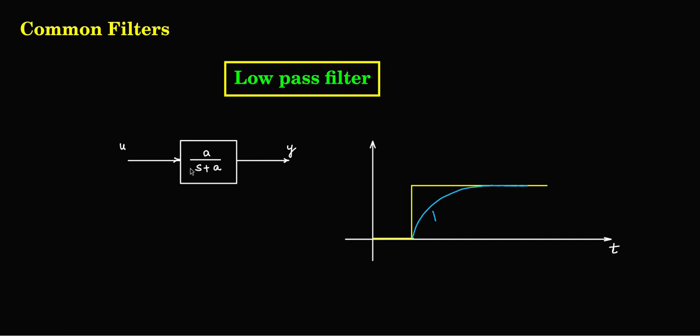If I have 1 by S plus A, it will go and reach the steady state value of 1 by A, right? And this rise time, or the time constant at which it rises, has a relationship with A. So it has some relationship with this frequency A.